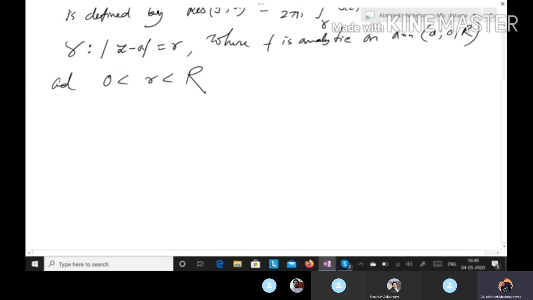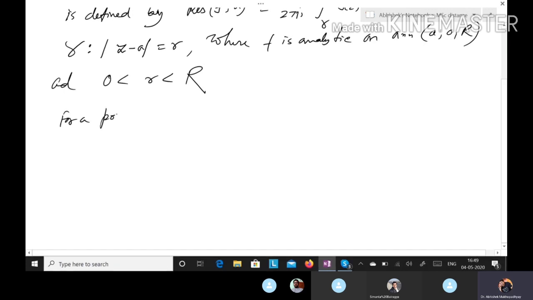And with the help of this definition and the Laurent series criteria, we can also derive a formula for the residue of a function f having a pole of order m.